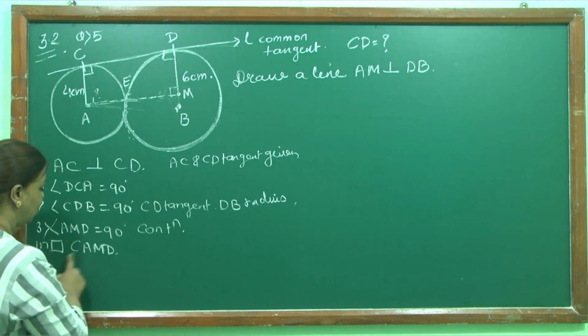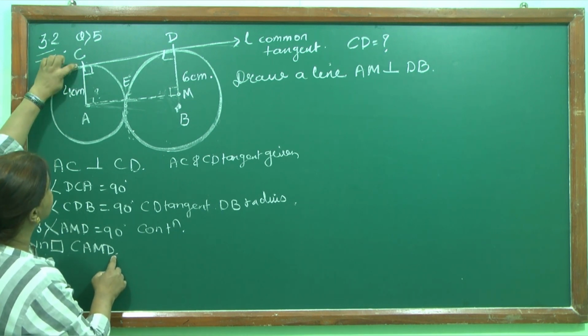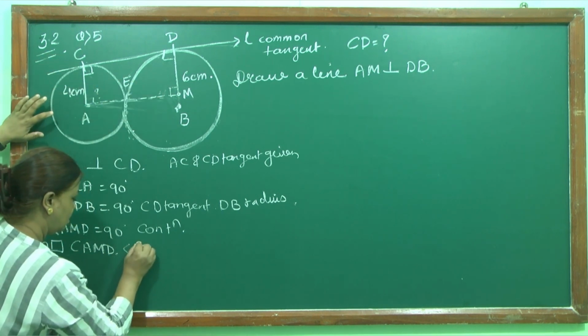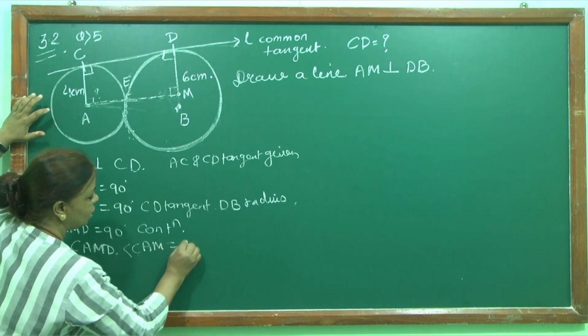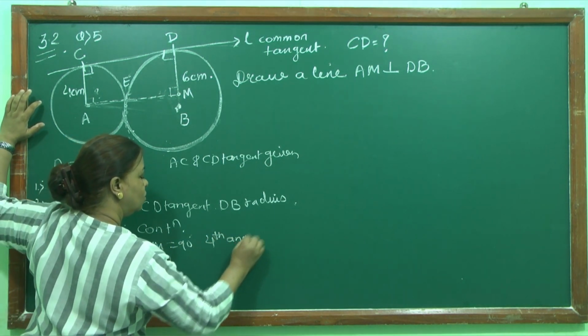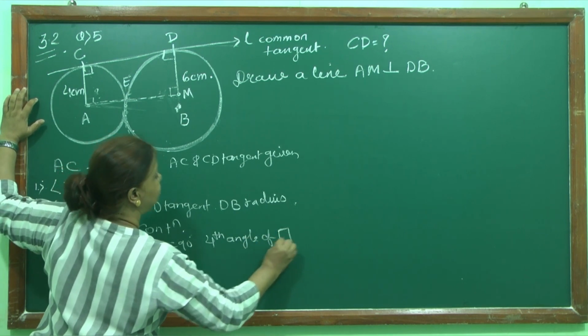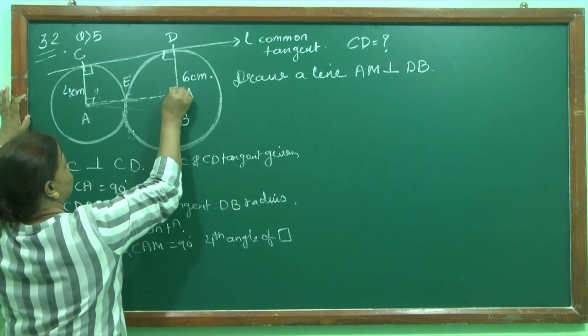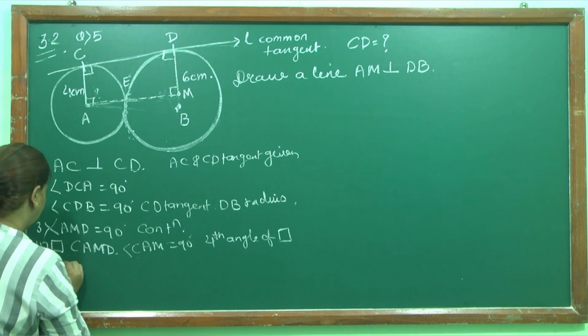So we can say in quadrilateral CAMD, angle CAM is equal to 90 degree, fourth angle of quadrilateral.